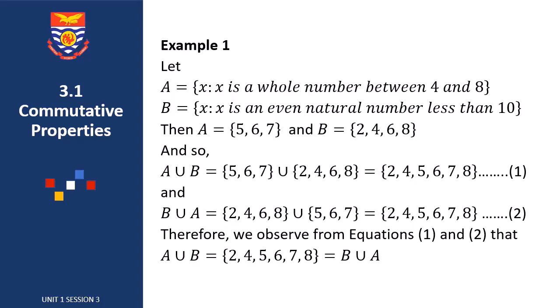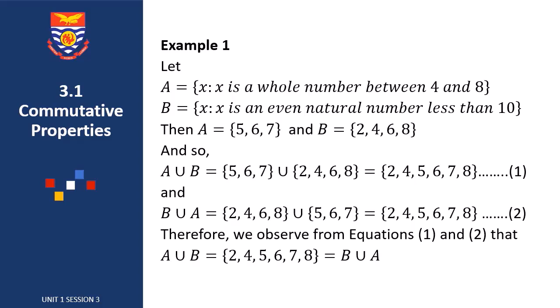Let's look at an example to illustrate the property we have just discussed. Let set A be X such that X is a whole number between 4 and 8, and set B be made up of X such that X is an even natural number less than 10.